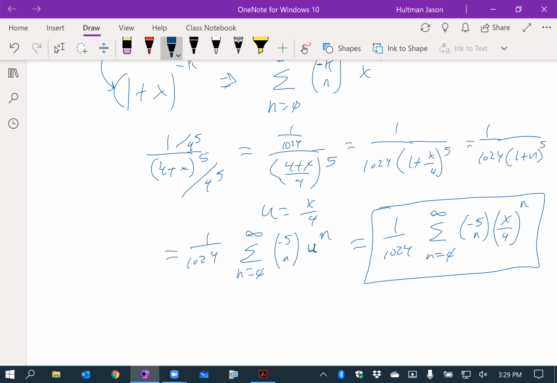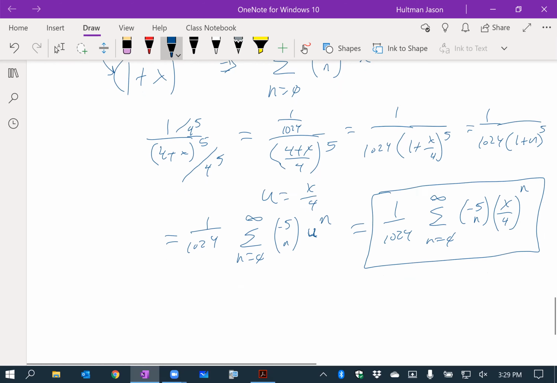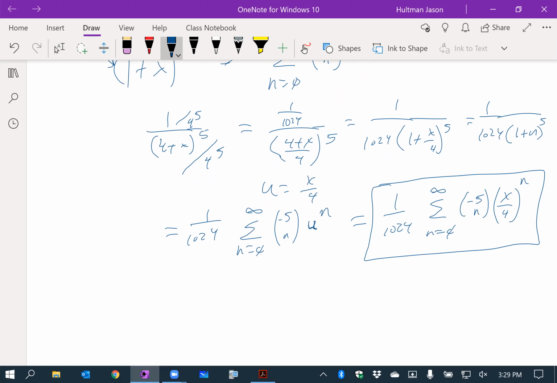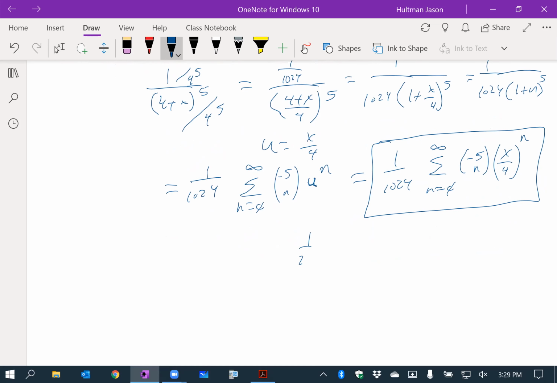I could figure out what subsequent terms are if I really wanted to. If I plugged in 0, I would get 1 here and 1 here. So my first term would be, I could pull the 1024 out in front, and go 1. Then, how many ways can you choose negative 5 out of 1?